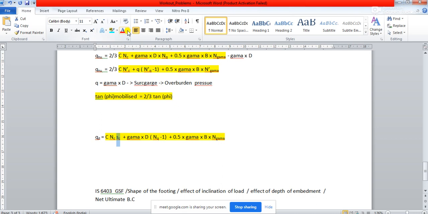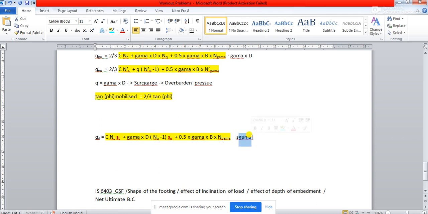Then for Nq you introduce another factor, Sq, the shape factor to take care of the shape of the footing. And then another shape factor for N gamma, and that is going to be S gamma.